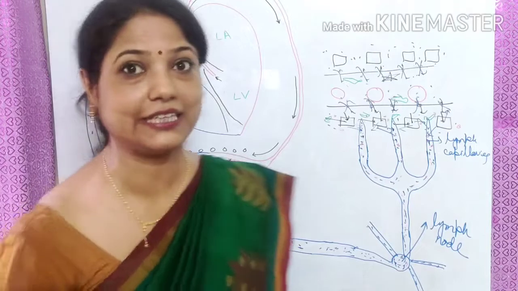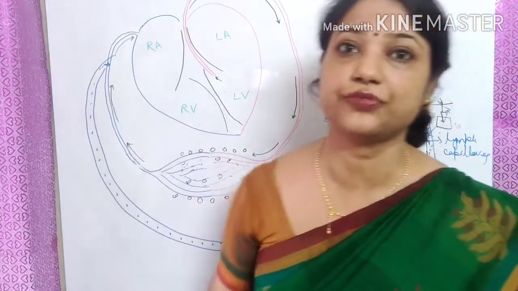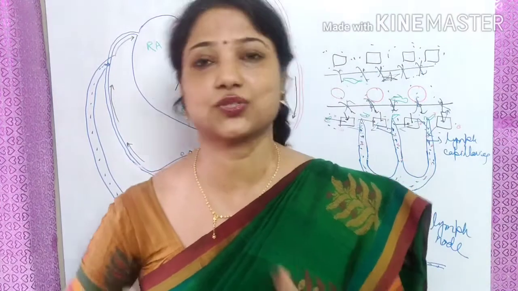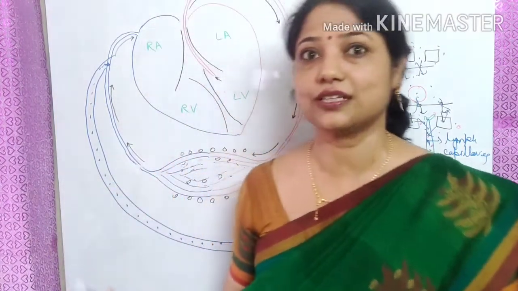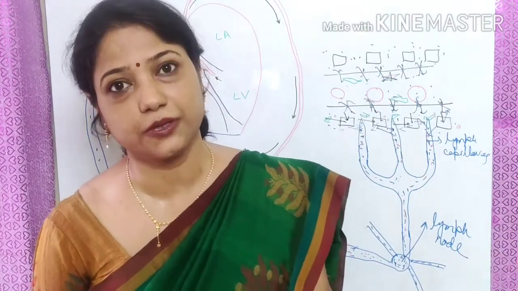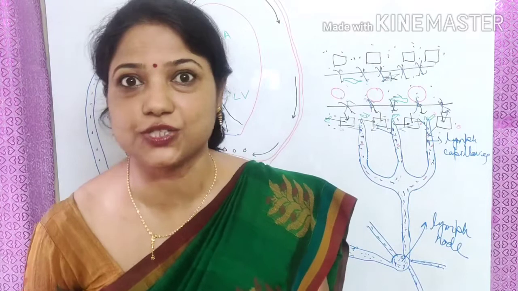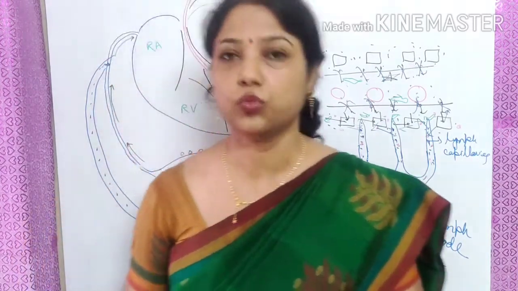Now, this lymph containing antibodies will enter into the main bloodstream through the vein, and the antibodies will mix up with the blood, and these antibodies will provide immunity to our body from other bacterial infections. So children, this is how the lymphatic system of humans works.